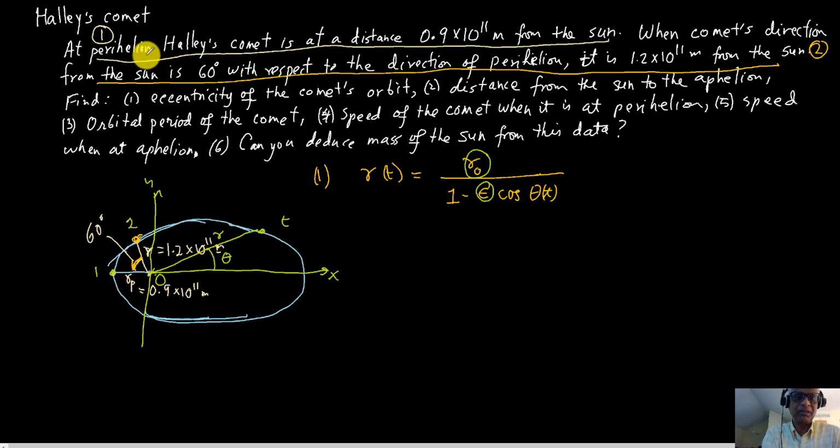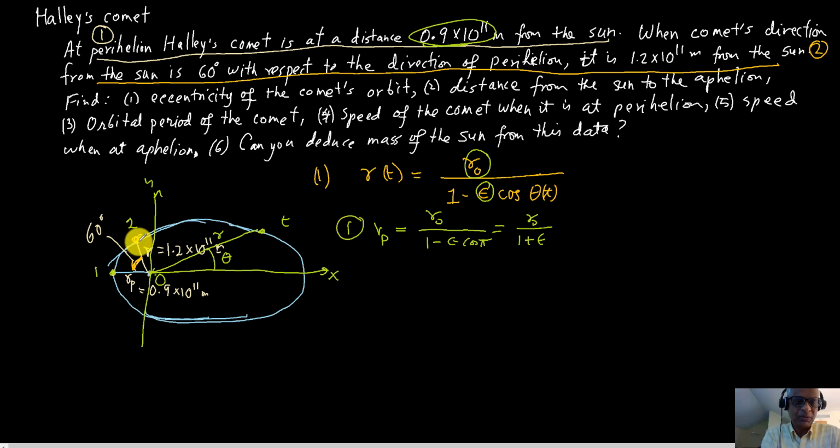Let's call it rp. That's perihelion. I'm not going to put this number in right away, just use it. So when it's rp, r0 is unknown, 1 minus epsilon cosine pi, and cosine pi is minus 1, so it's r0 over 1 plus epsilon. So this is one equation, equation 1.